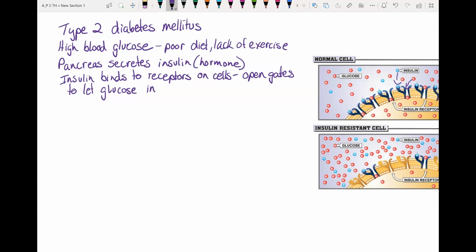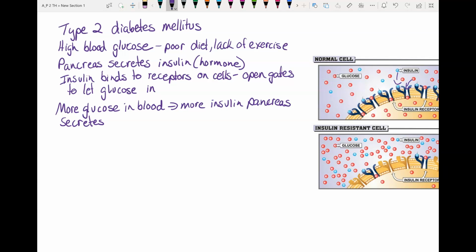So when your blood glucose is high, your pancreas secretes even more insulin. So the more glucose you have in your blood, the more insulin your pancreas secretes. So if your glucose is really high, your insulin will be really high.